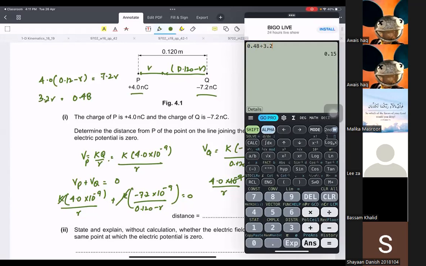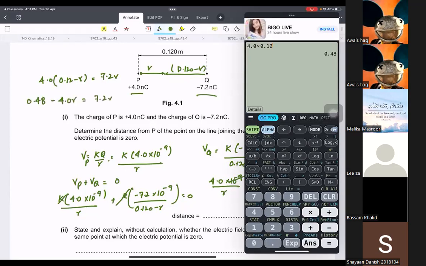Sir, minus R, minus 4R. Huh? We multiplied 4 times 0.12. Yes, I made a mistake, 4 times minus R. You're right. 4 into 0.12 is 0.48 minus 4R.